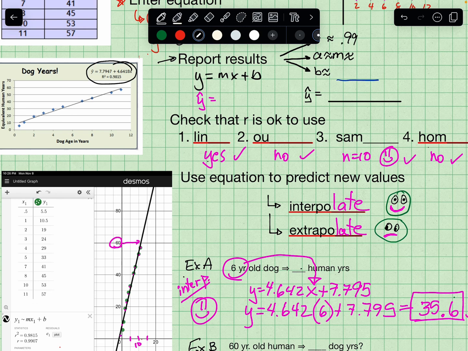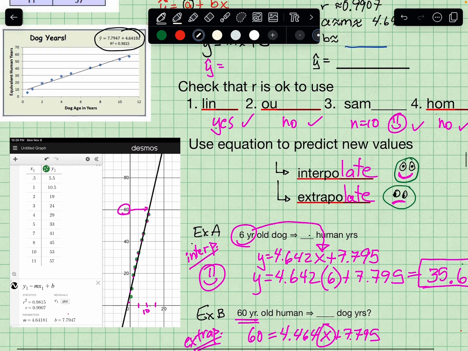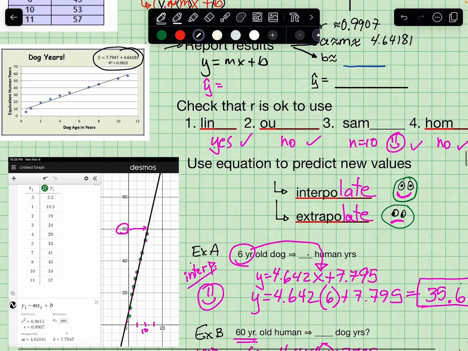So this is a really close fit. The M value, my slope, is 4.6418. And the y-intercept is 7.977947.